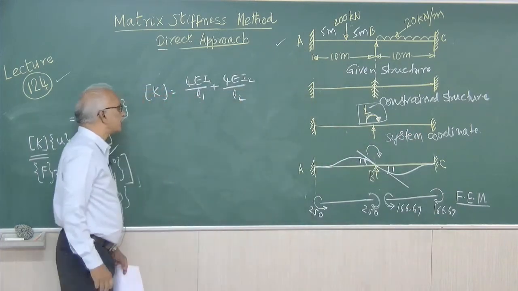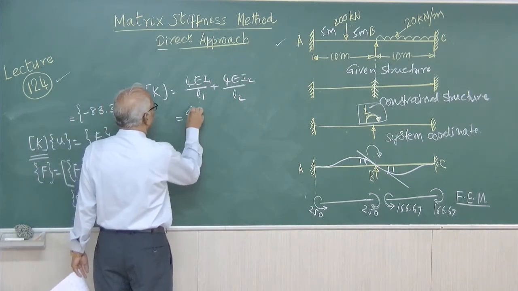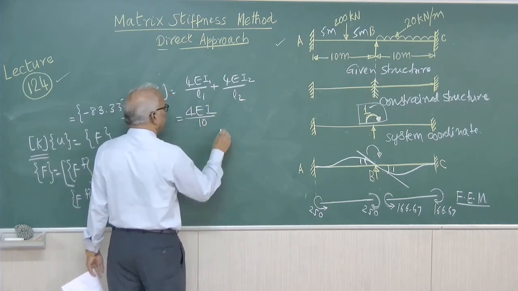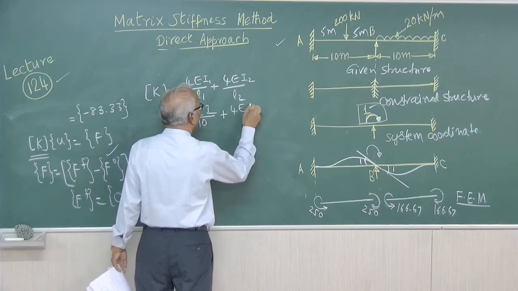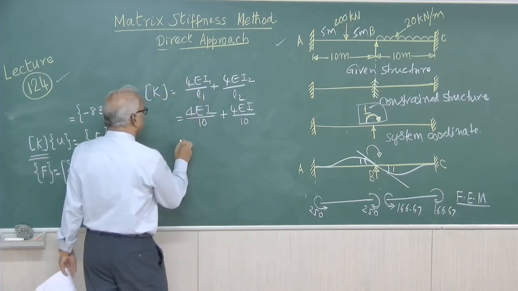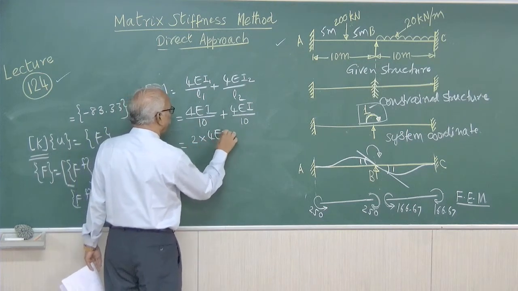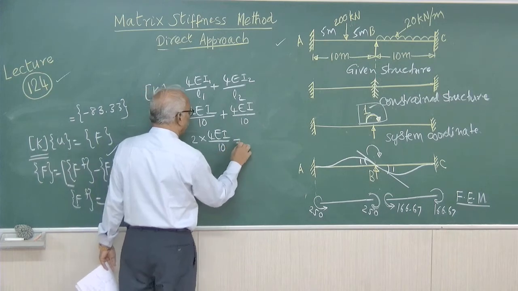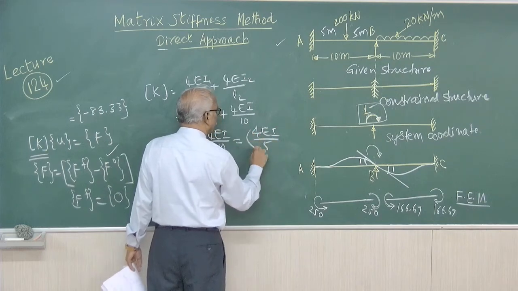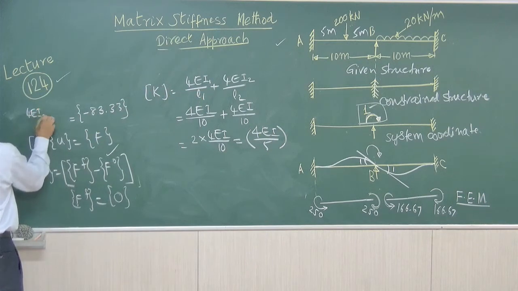Now, here it is uniform: 4EI by L1 equal to 10 meters, plus 4EI, L2 is also 10 meters. Therefore, 2 into 4EI by 10, or we can say it is 4EI by 5. So, the left hand side value is 4EI by 5 into U.